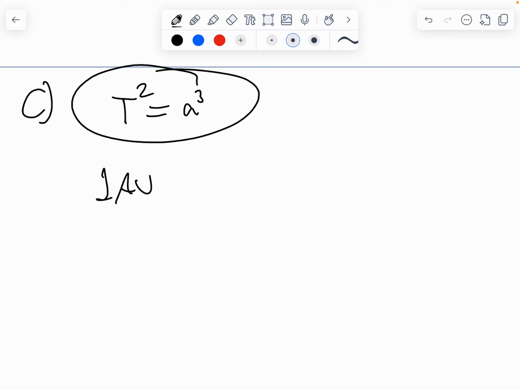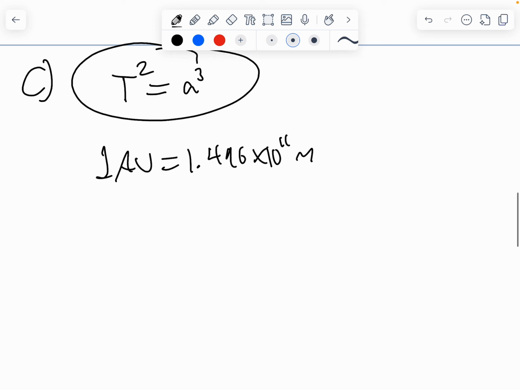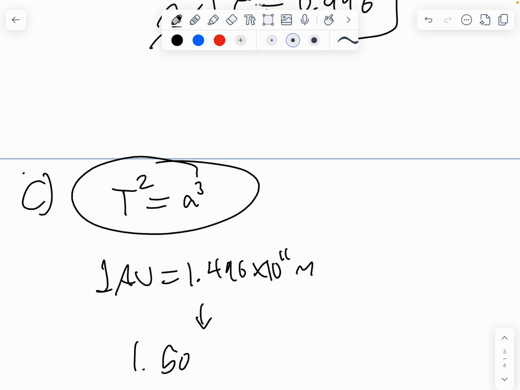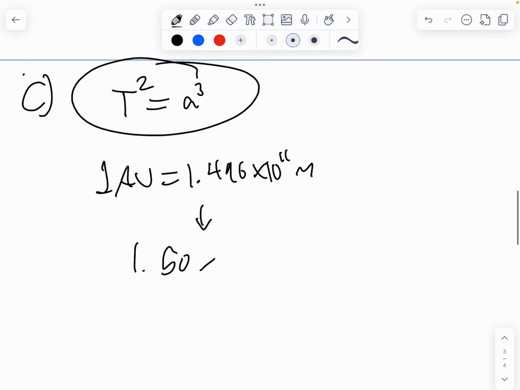So 1 AU would equal 1.496 times 10 to the 11th power meters. And if you plug it into the equation, you're getting this number from part A. So you're just going to do this.